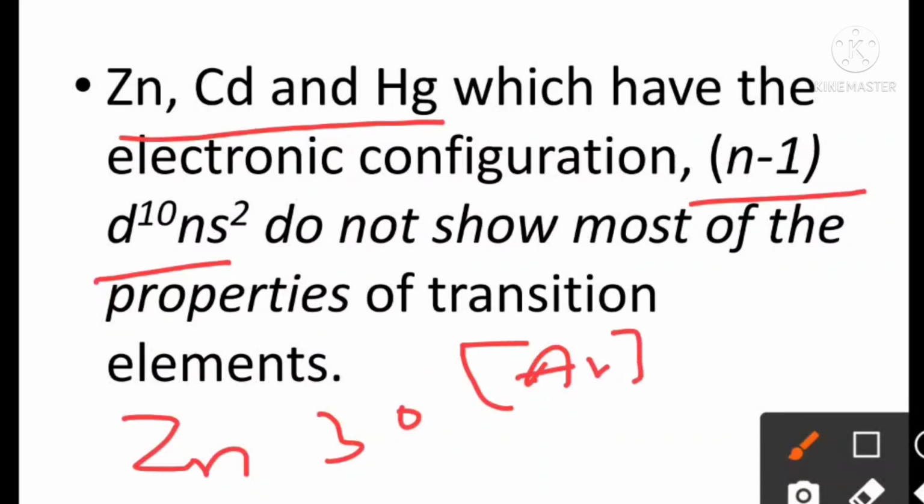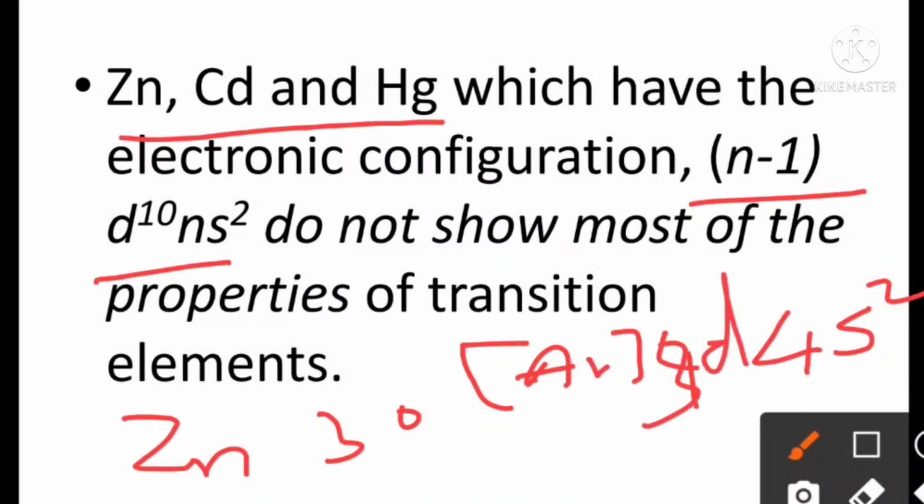Then we get 4s2, then 3d10. That means they have d10 s2 configuration, a highly stable configuration.